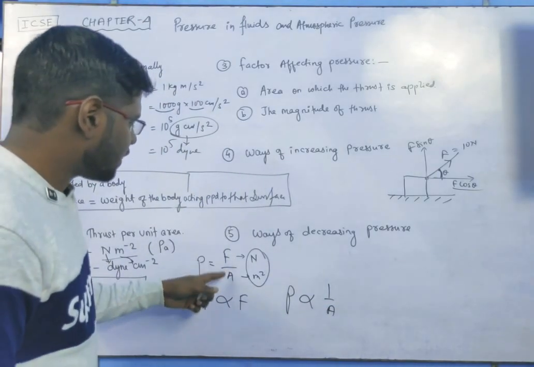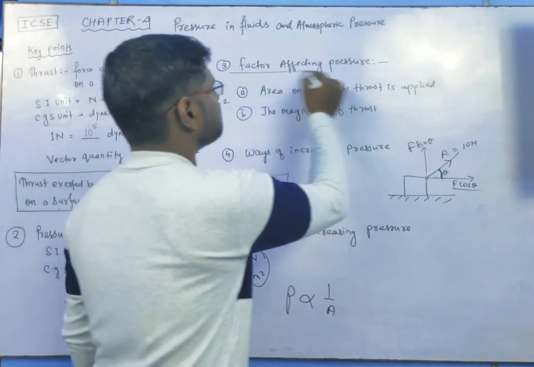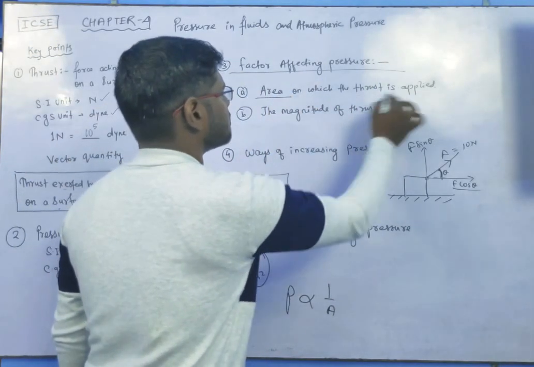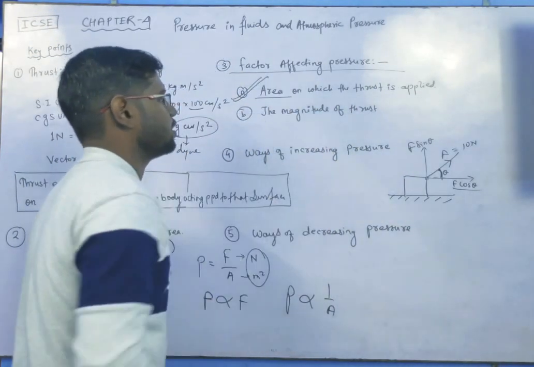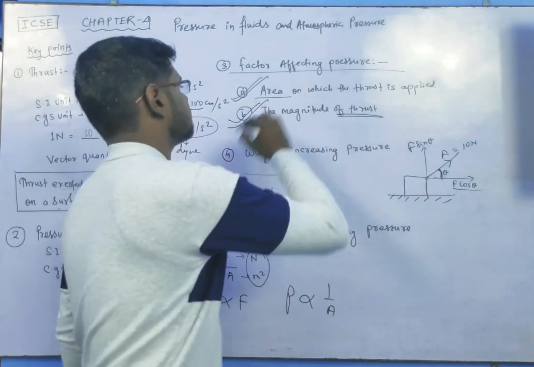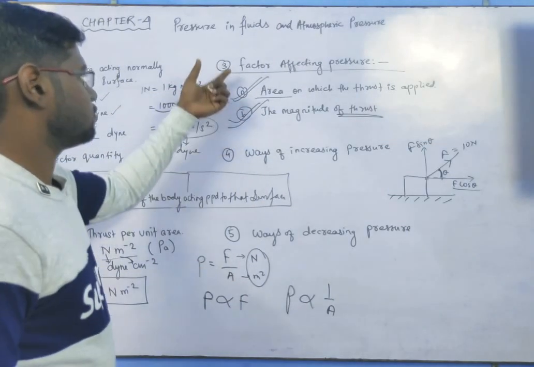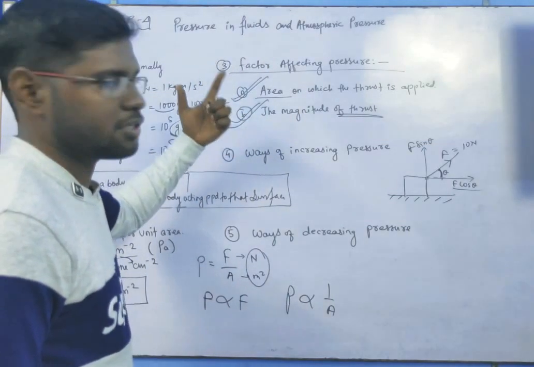So there are two factors, force and area. What are the factors affecting pressure? The area on which the thrust is applied, this is the first point, and the other one is the magnitude of thrust, this is the second point. So in this way we know there are two factors which affect the pressure.